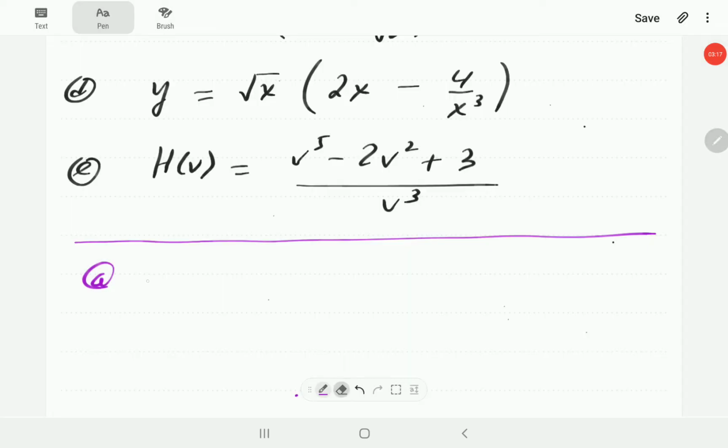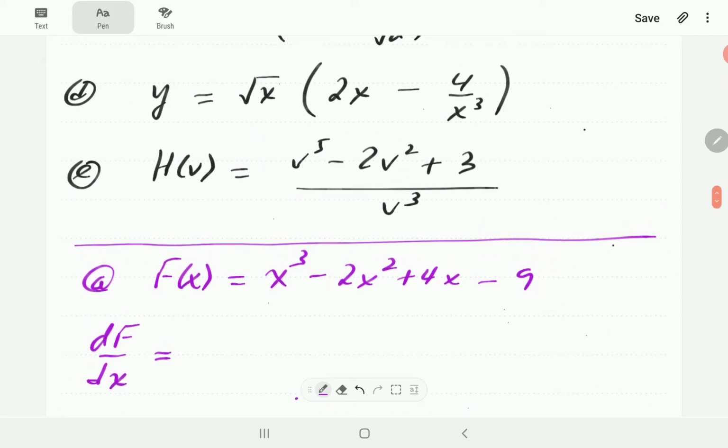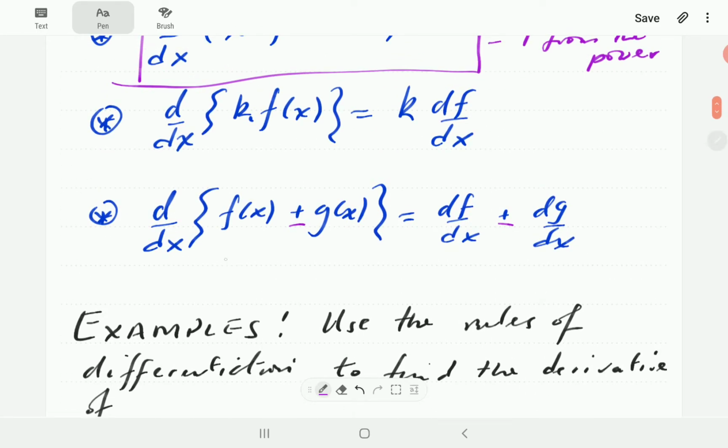Okay, so we have here f of x equals x to the power 3 minus 2x squared plus 4x minus 9. So the derivative of this, df dx, using the property of sums.